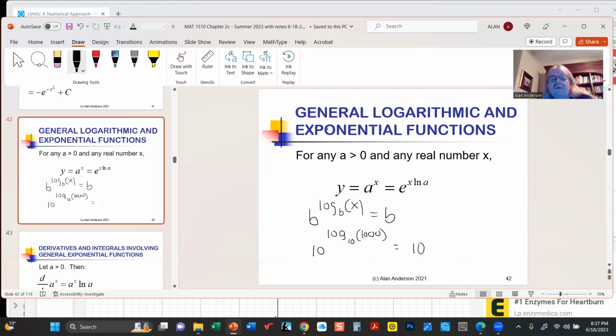Oh, no, sorry, I was right the first time. It's x. Yeah, because here's what's going to happen. Log base 10 of 1,000 is 3. Okay. So therefore, let's see.